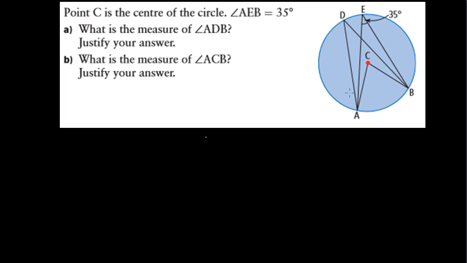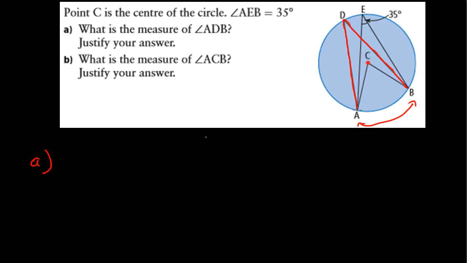So ADB, let's really make sure that we know what we're looking at. A to D, and I'll try to follow this line as best I can, to B. There we go. Where D is going to be the vertex. What is the measure of it? And justify your answer. So notice that arc AB is covered by the same inscribed angle.